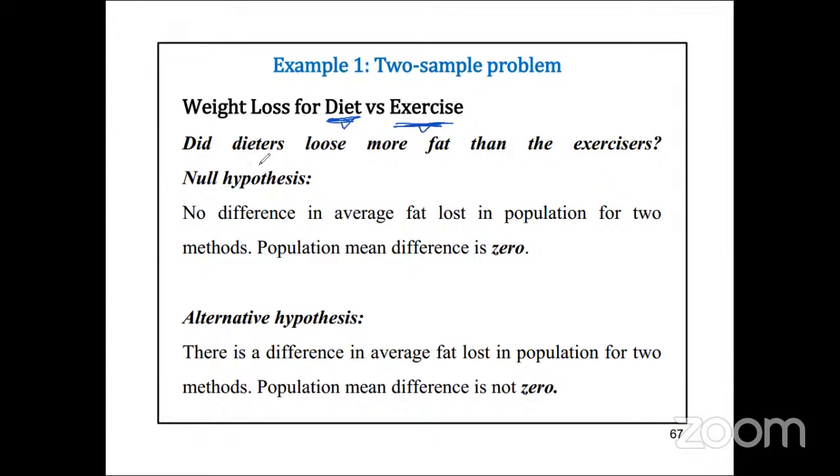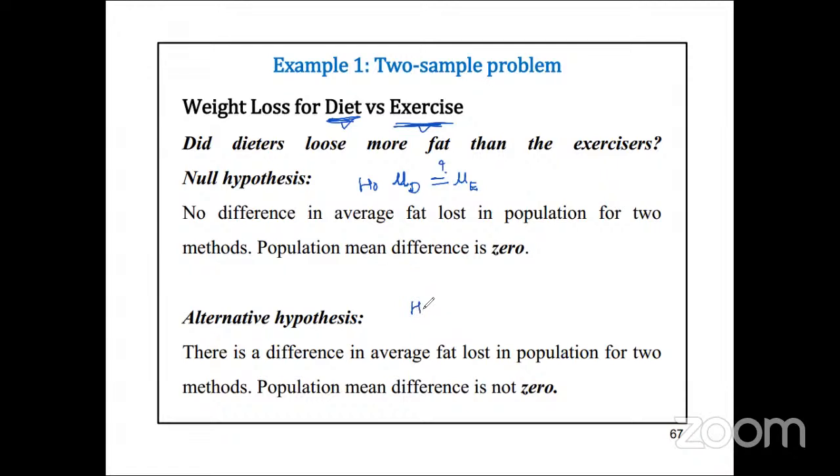So the question is whether dieters lose more fat than exercisers. My null hypothesis in this case will be that the mean weight loss, suppose this is mu, for dieters and the mean weight loss for exercisers are the same. That is what I am interested in. This will be my null hypothesis.